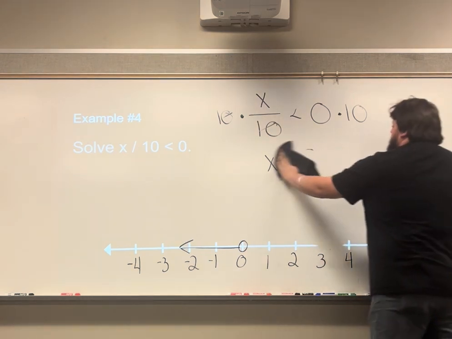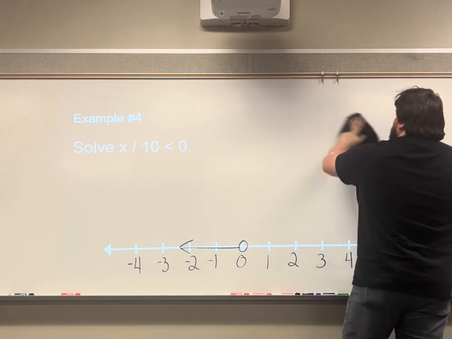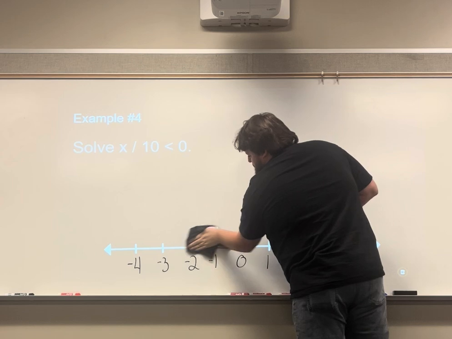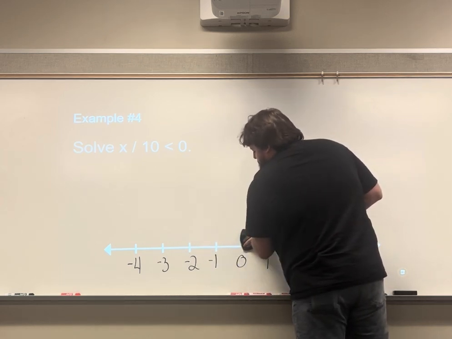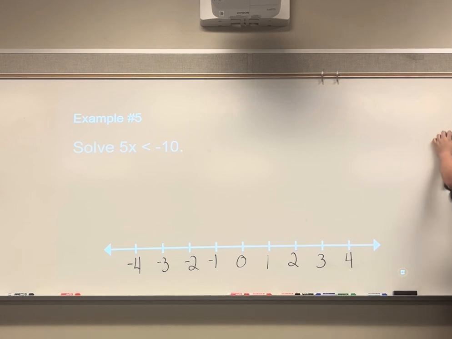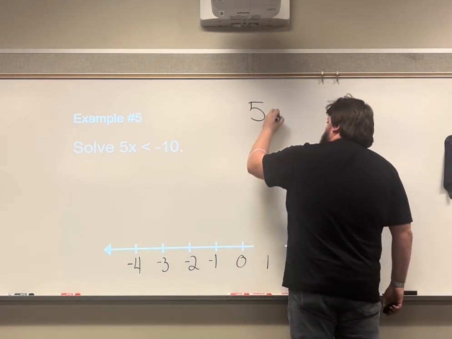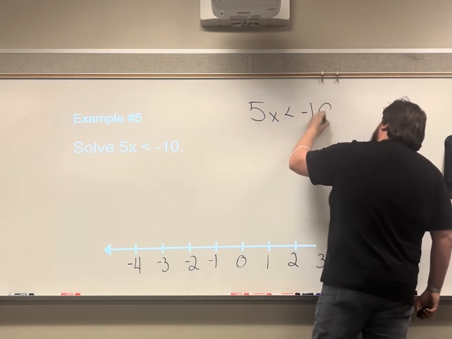Go ahead, erase this. Example 5. We have 5x is less than -10.